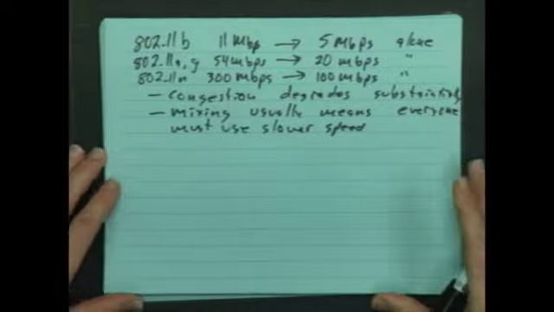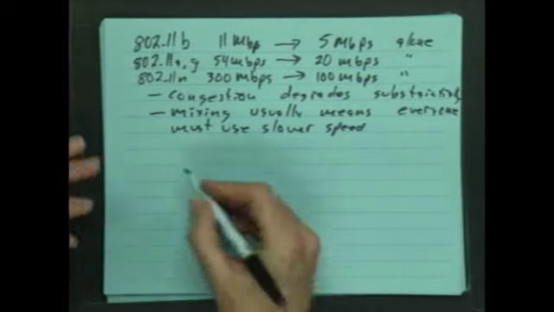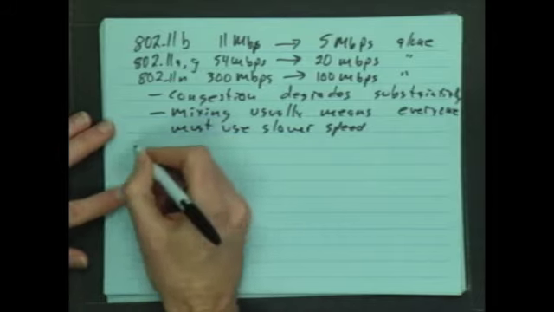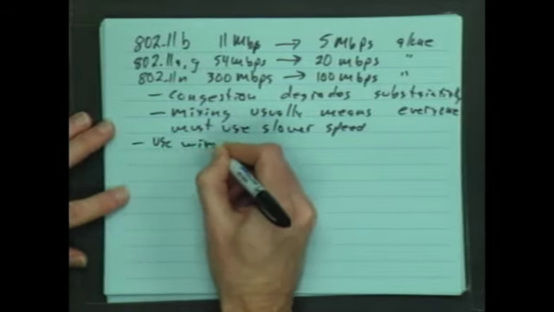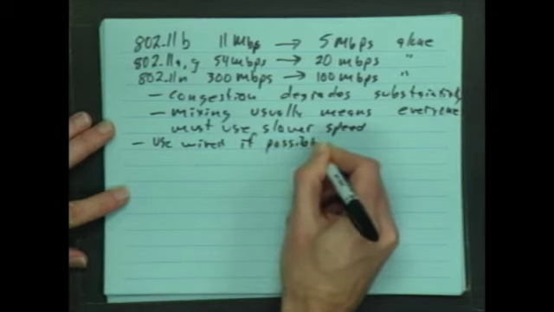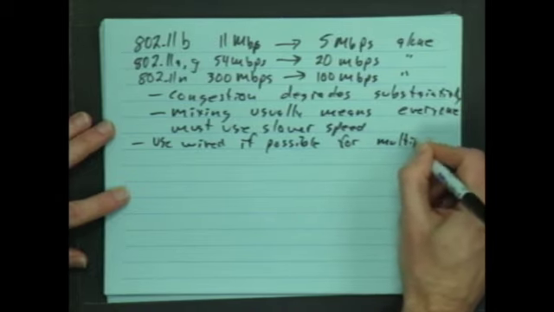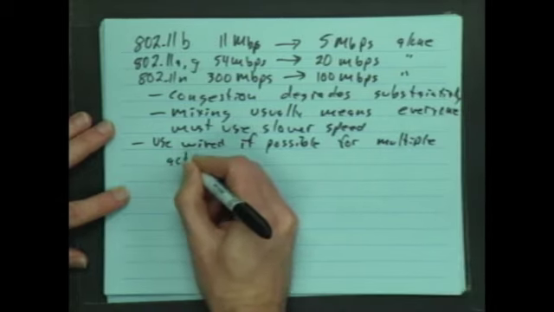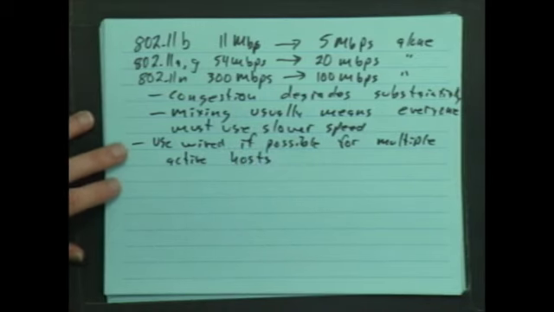Lots of stuff. There's still stuff to cover, huh? All right, so let's say we want to set up a large network. By the way, the bottom line here is use wired if possible. If you're ever using multiple hosts and they're active, it's time to use a wired network.